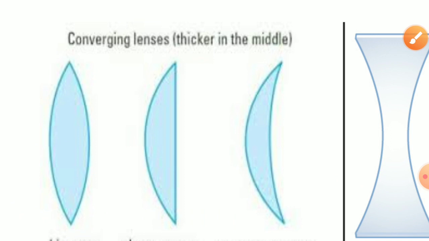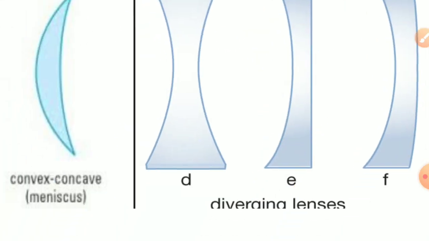The other name of a converging lens is convex lens. So convex lenses are converging lenses and concave lenses are diverging lenses. All these are diverging lenses. So these are the different types of lenses.